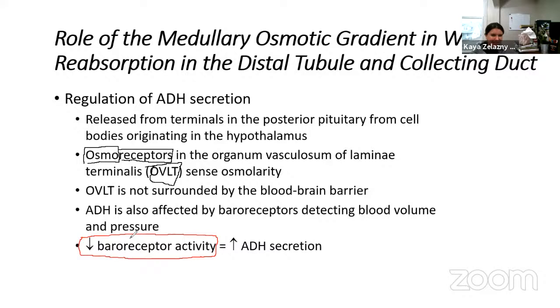Our blood volume is too low, we're getting dehydrated. That's going to up our ADH secretion. It's going to tell us to get more water in the blood, do more reabsorption, right? So ADH tells you to reabsorb water into that plasma, increasing plasma volume and decreasing its osmolarity.